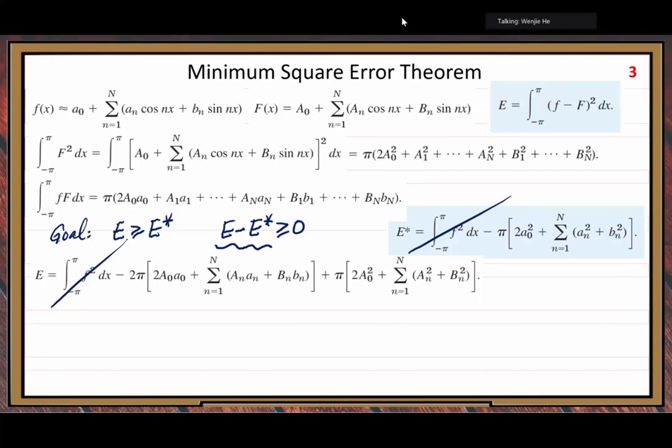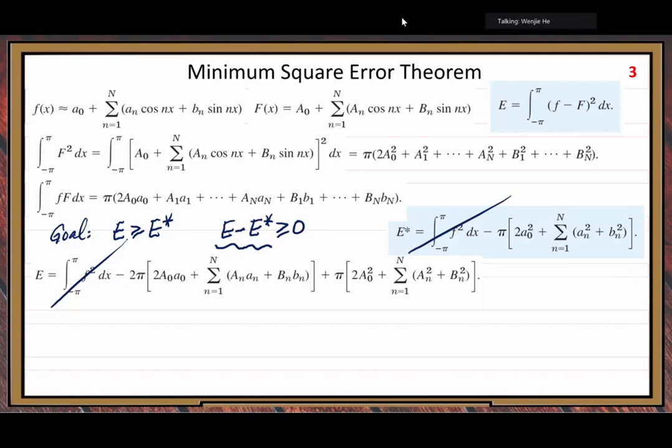Otherwise, it's not easy to calculate the f squared integral. But when we compare the errors, we can get around it. We do not need to calculate the integral.